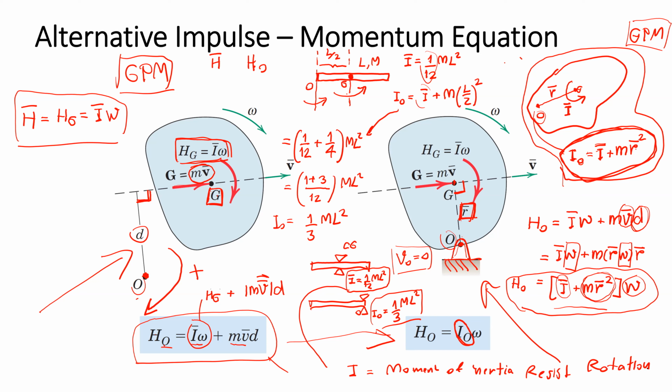It means moment is equal to d by dt of I omega. If I is a constant property, moment will affect the change of omega by dt. If you are rotating the thing at the CG, you have I bar. But if you change the position that you try to rotate it, you perform it with IO.